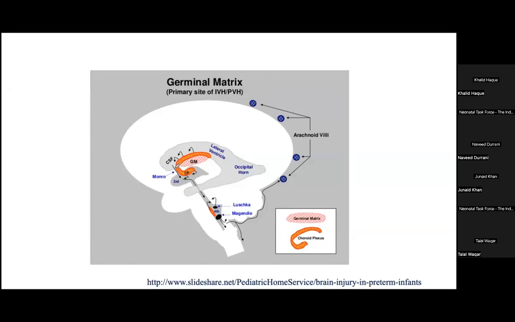Then it flows through the foramen of Monro, goes into the third ventricle, and from the third ventricle through the aqueduct, and finally into the fourth ventricle. From the fourth ventricle, it goes through the foramina of Magendie and Luschka to the brain's surface, and finally it is absorbed by the arachnoid villi.